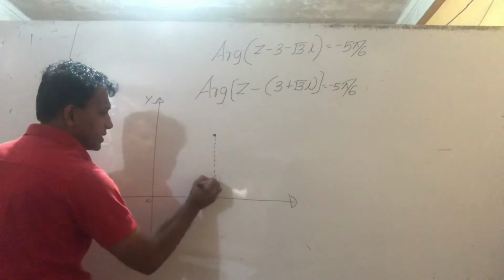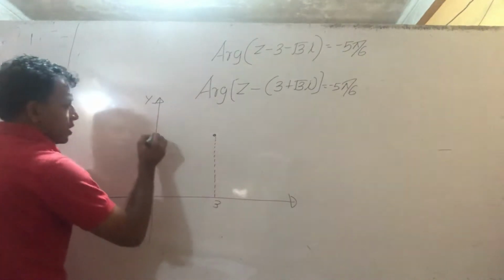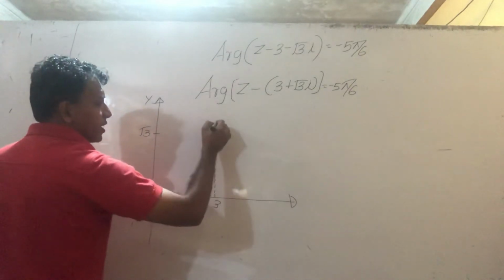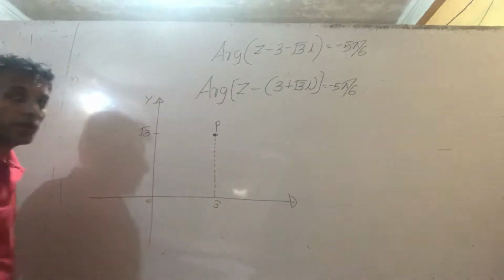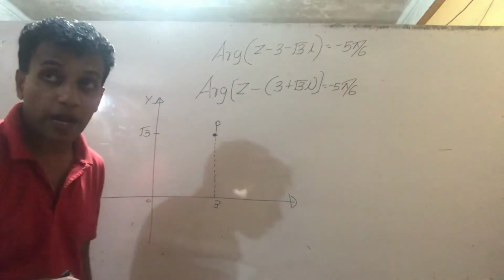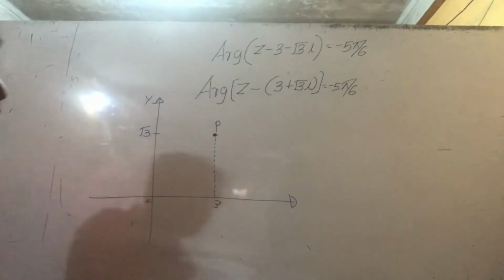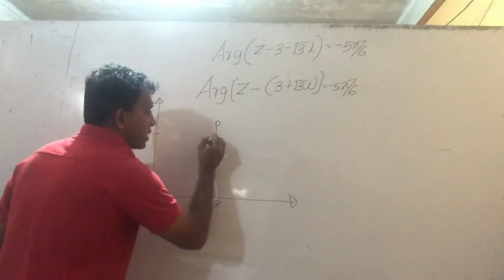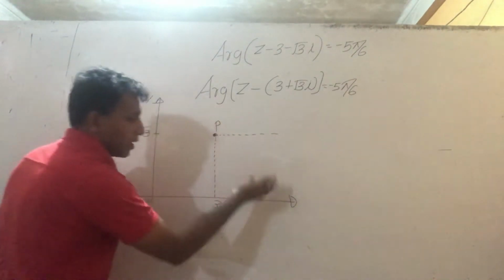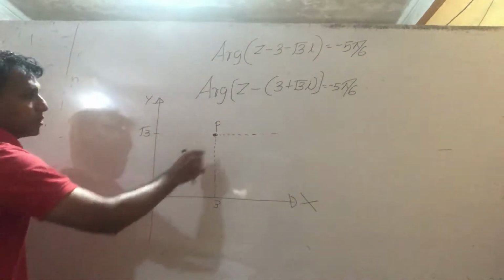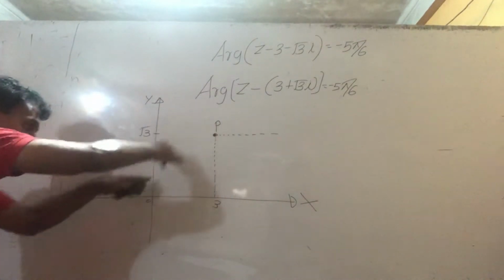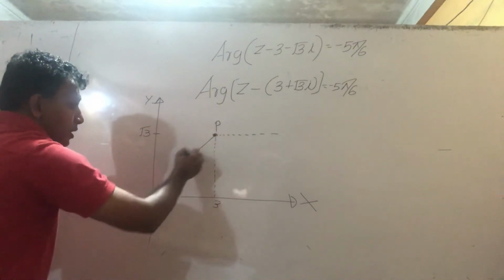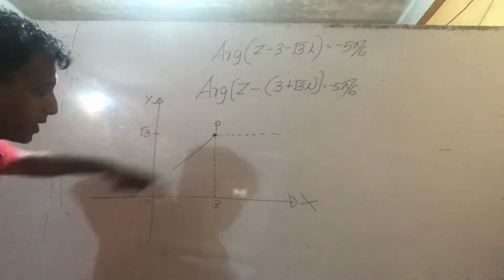The coordinates: real part 3, imaginary part root 3. This is the point, if I call it P. So the straight line makes minus 150. If you draw a parallel to the x-axis, parallel to the real axis, the angle comes downward, and the locus comes somewhere here, a straight line on this side.